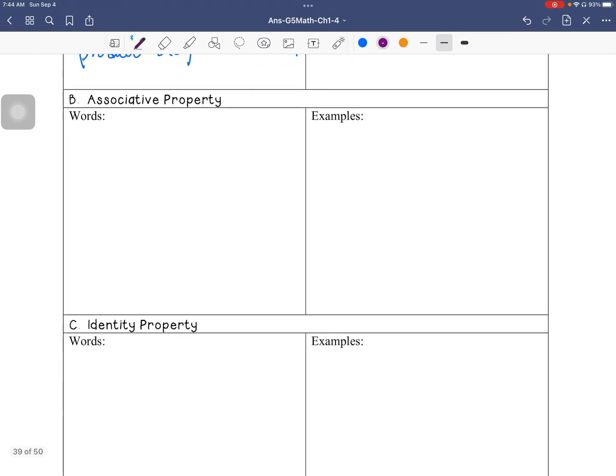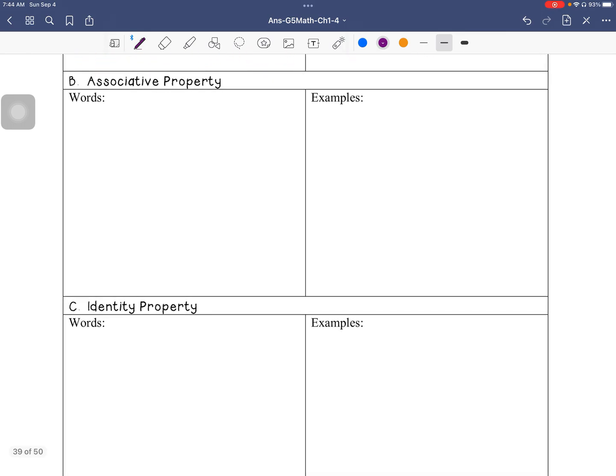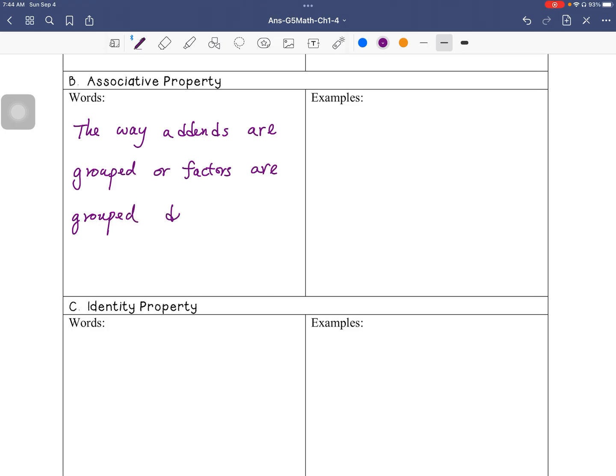Number 2, what is the associative property? The associative property is that the way addends are grouped or factors are grouped does not change the sum or product.